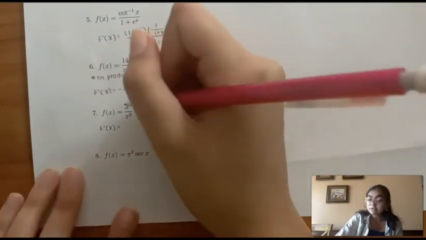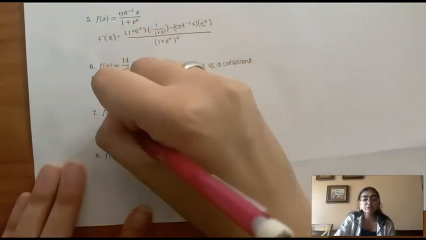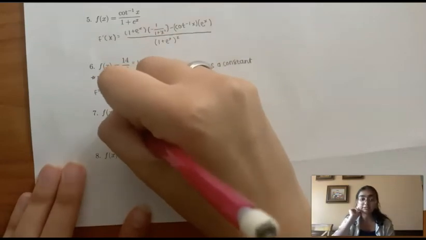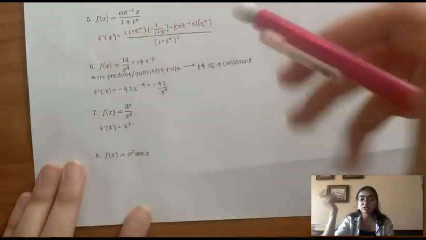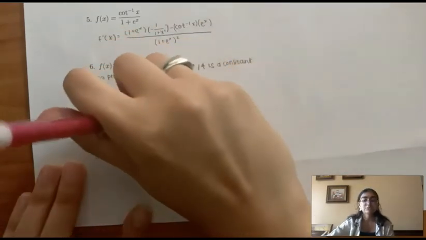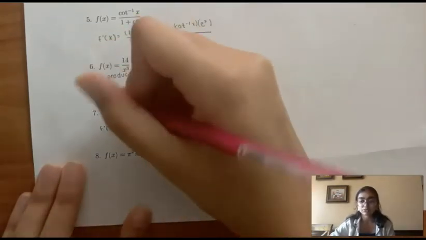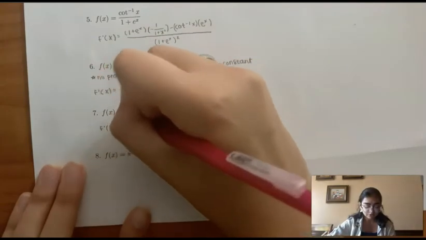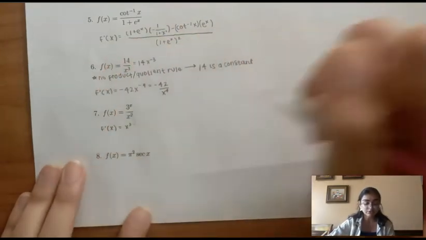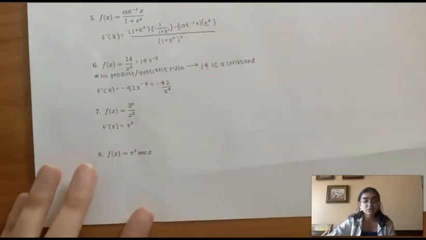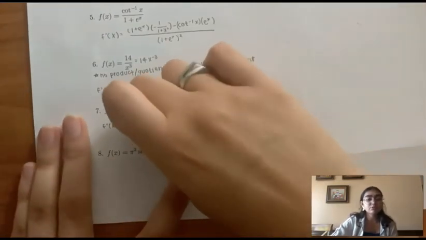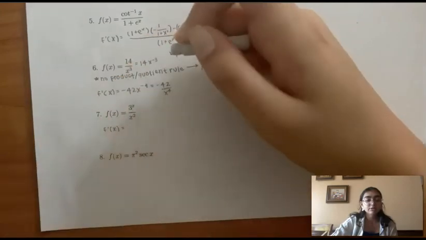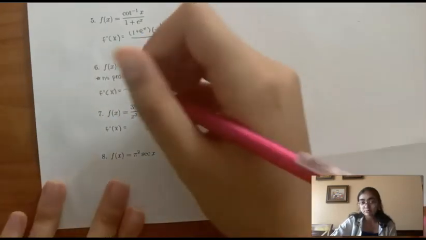Whenever you have a number to an exponent that is x, where you know the number but the exponent is unknown, there's a specific formula that you use to find the derivative. So say you have a number to the x, the derivative would be, for some reason I could not write the number 2 right here, but it should be x squared.